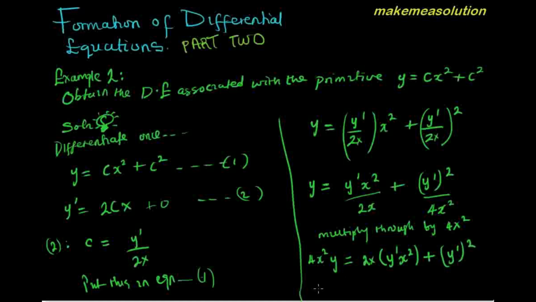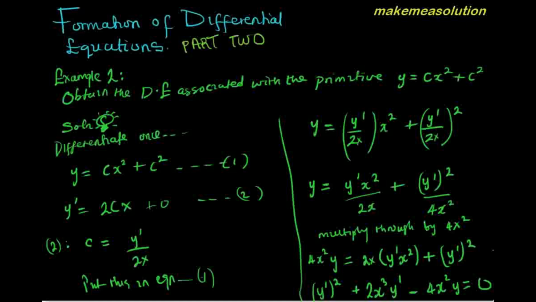So when you do the rearranging, you will get y prime all squared plus 2x cubed y prime minus 4x squared y is equal to 0.